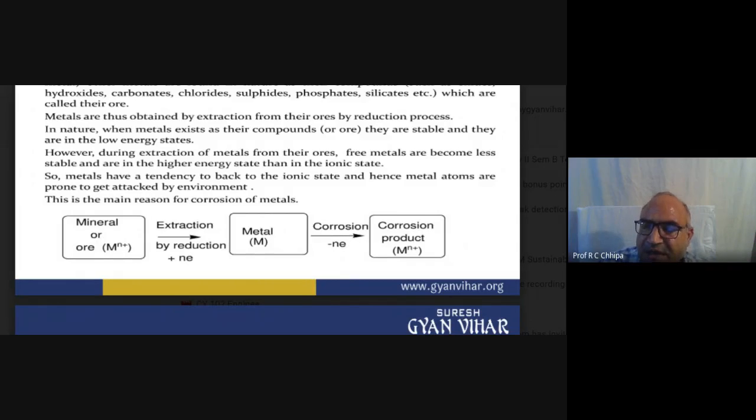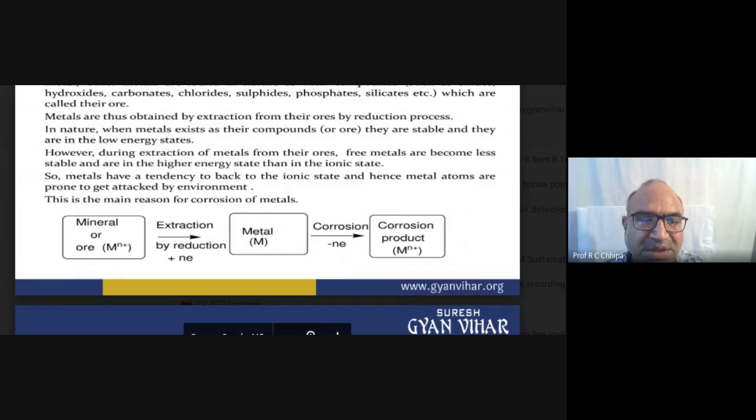When iron comes into nature because of the process of metallurgy, iron has a tendency to go to the ionic form, which is the stable form. So in most cases, corrosion itself is oxidation.